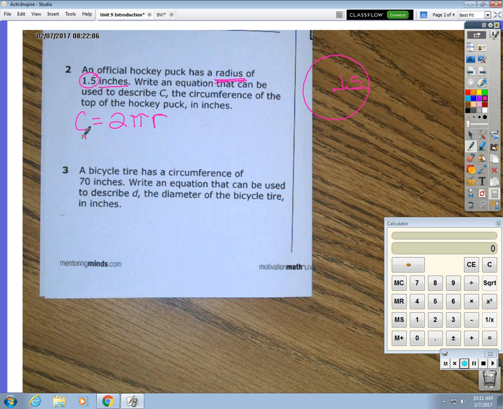The equation could be circumference equals 2 times pi, and we want to replace our r with 1.5. So would you replace pi with 3.14? That's another way we could write it. Let's write it that way too. Circumference equals 2 times 3.14 times 1.5.